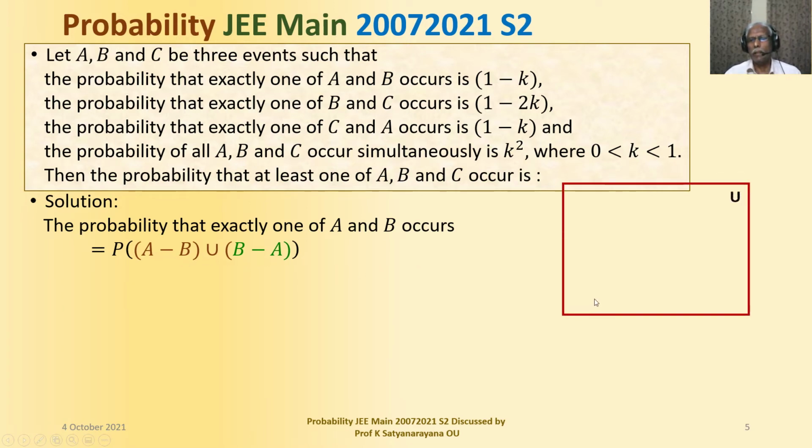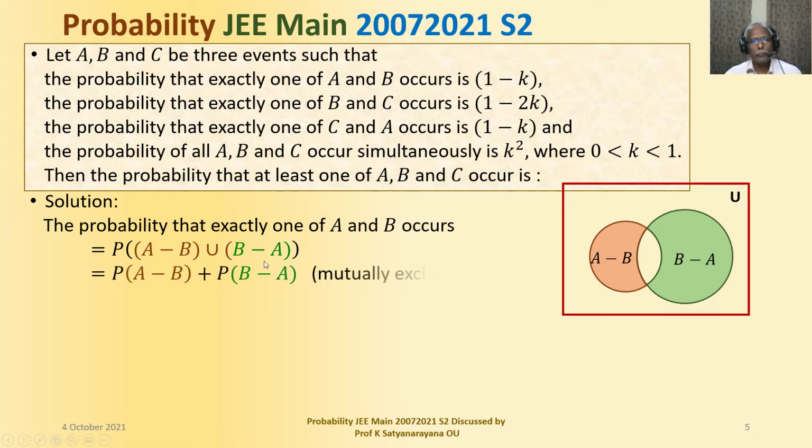Let's see the Venn diagram. Now, A minus B and B minus A are mutually exclusive, that means their intersection is empty. Therefore probability of (A minus B) union (B minus A) will be probability of A minus B plus probability of B minus A. This happens because they are mutually exclusive events.